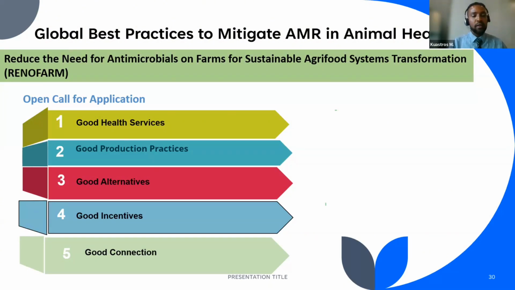There are so many interventions in this process. Nowadays, many countries across the globe, particularly developing countries, are asked to engage in this initiative.